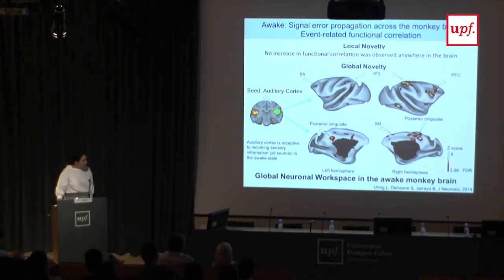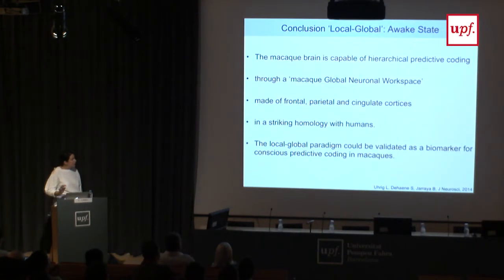So what we described, or at least what we conclude in this paper, is that like humans, the monkey had a macaque global neural workspace in the same state using this stimuli. And that the macaque, like humans, was capable of hierarchical processing of information in the brain through this macaque global neural workspace, made of the frontal cortex, the parietal cortex, and cingulate cortex, so the anterior cingulate cortex and the posterior cingulate cortex.